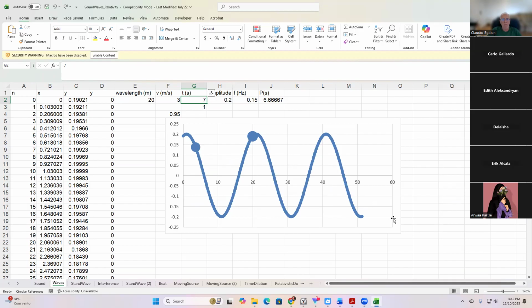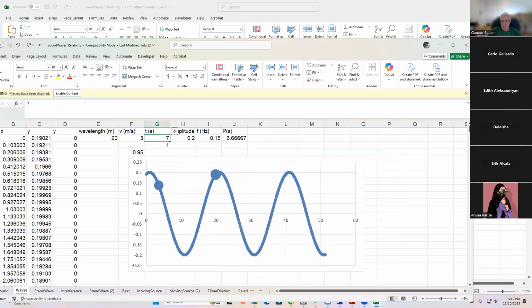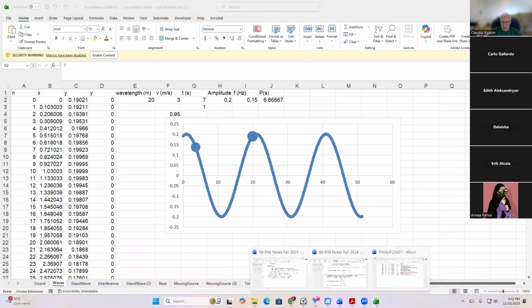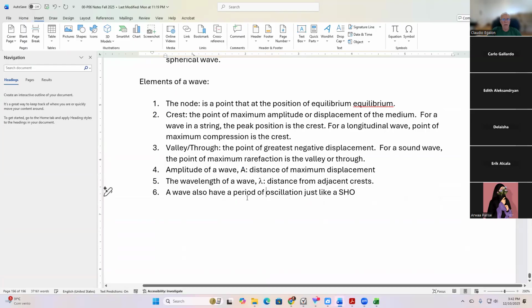So this wave has approximately a period of 7 seconds, which corresponds to a full oscillation of the wave, okay? So those are the 3 important elements of the wave: amplitude, wavelengths, and period of oscillation.